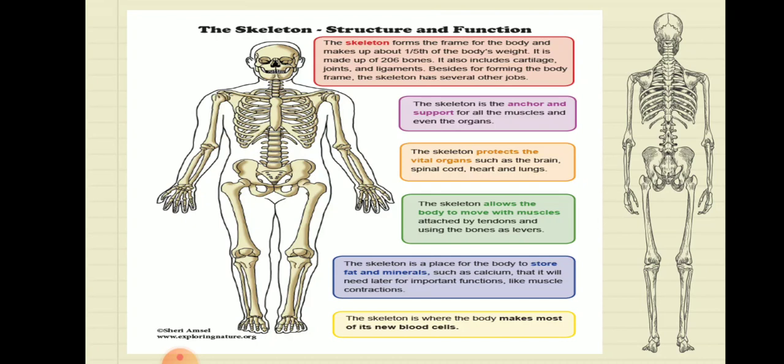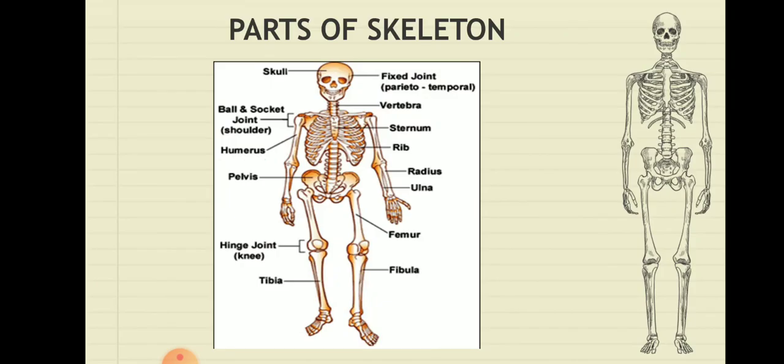So now we'll move further to see the parts of the skeleton in detail. We'll just see the diagram where all the parts are labeled. The skull, which we are going to discuss in detail afterwards, is a fixed joint. There are joints in the skull, but they are immovable joints.